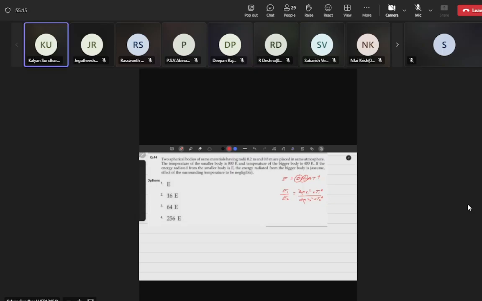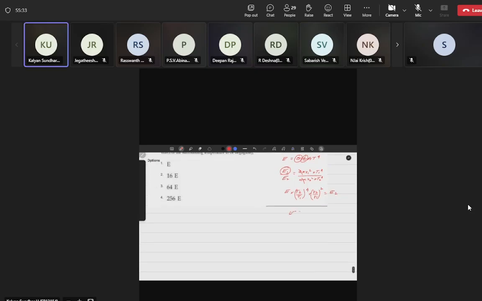If we consider the smaller body, this will be E divided by E2 into T2 by T1 to the power 4 and R2 by R1 whole square, which will be equal to E2.